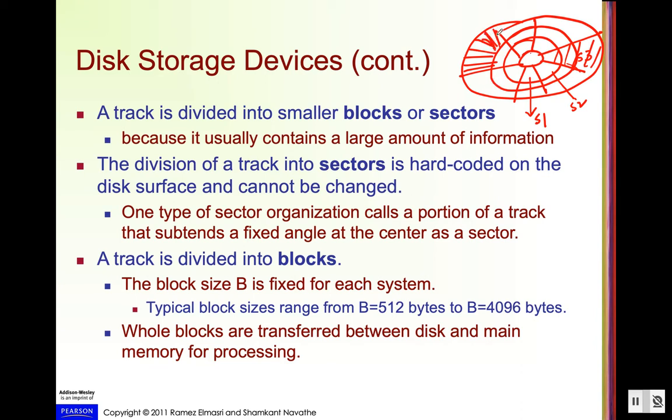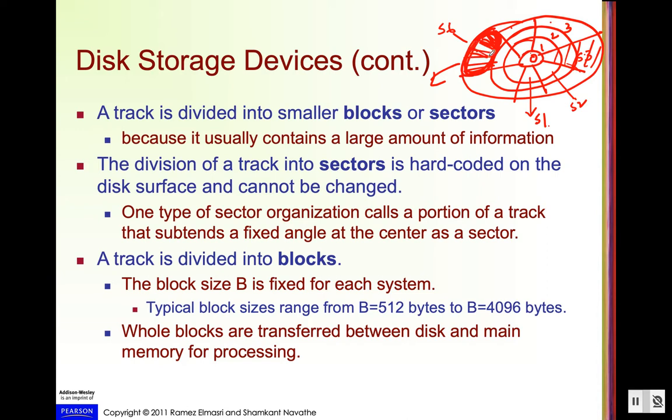So for example, this area has a specific sector and a track. If this is track 0, this is track 1, track 2, track 3, and this is sector 1, sector 2, sector 3, sector 4, 5, 6, then this area has an address.